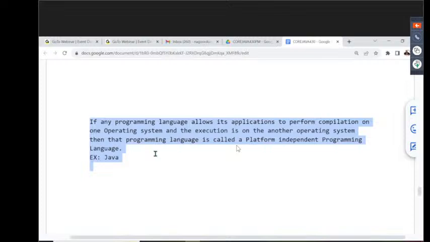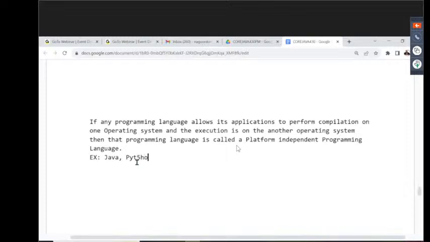An example is Java. Not only Java, so many programming languages are available, and our Python also is a platform independent programming language.